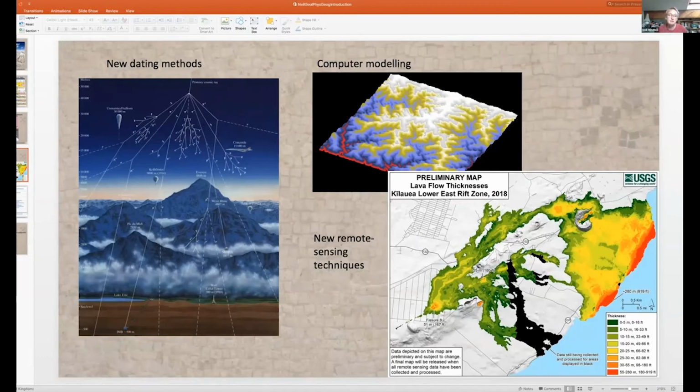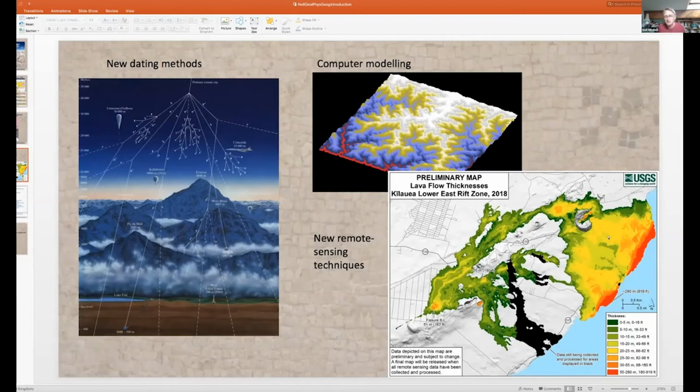There have been big changes in computer modeling. So this is a model of a river network. We have ways of measuring topography much more accurately and with higher resolution than before. For example, this is a big lava flow that happened in Kilauea, Hawaii in 2018. US Geological Survey scientists mapped out the topography, and they had previously mapped the topography.